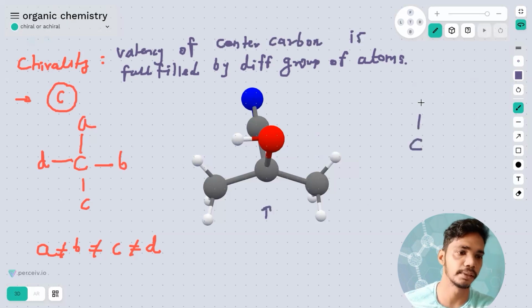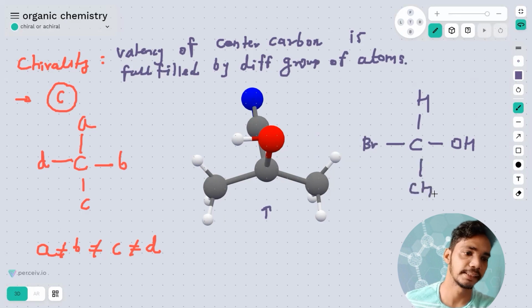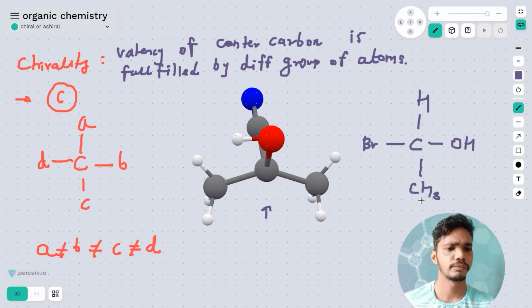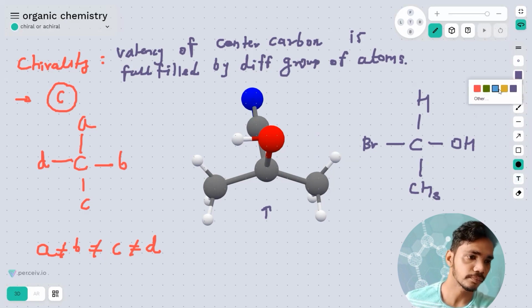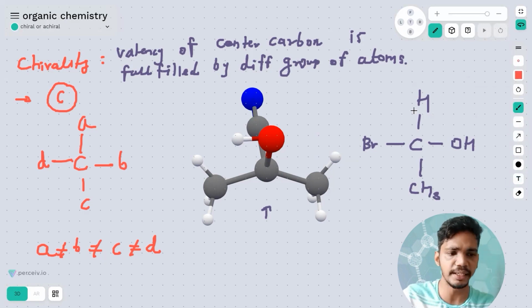Suppose I have a carbon with hydrogen attached, OH attached, bromine attached, and next a CH3 attached. According to the rule of chirality, four different groups are attached: hydrogen, bromine, the hydroxyl group and the methyl group.